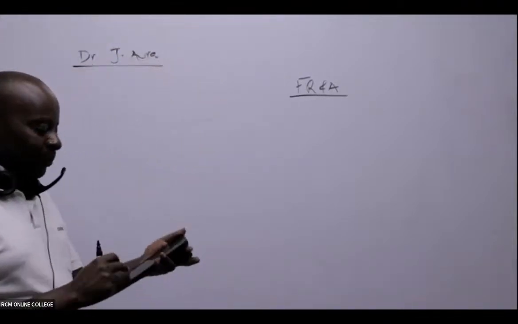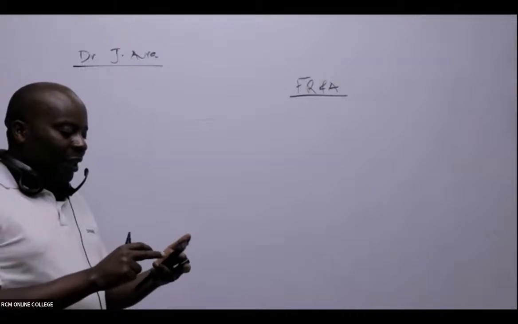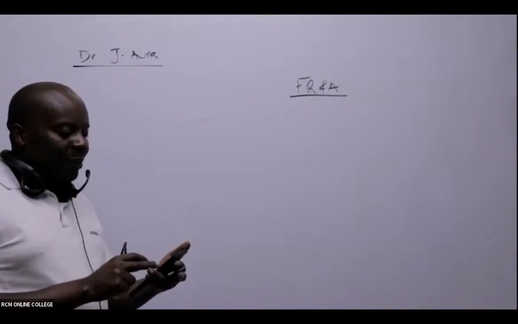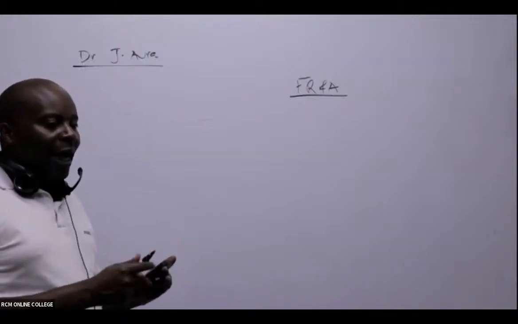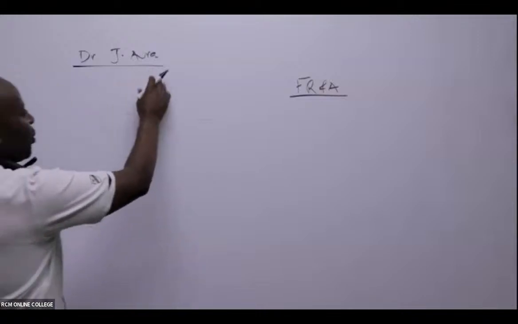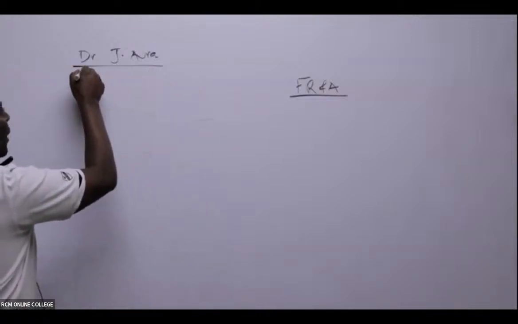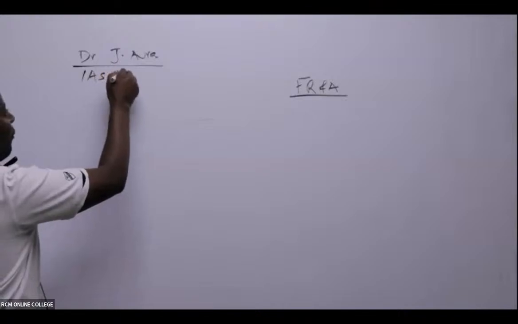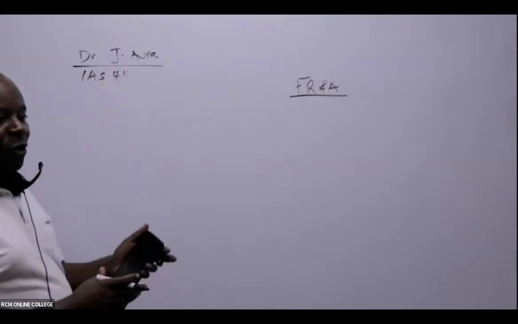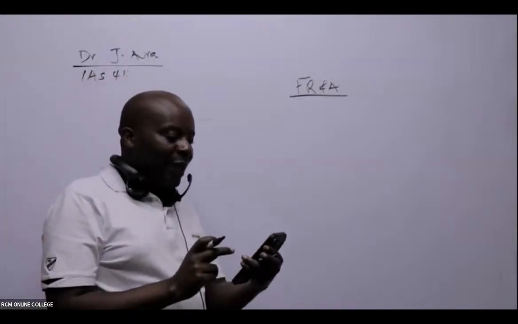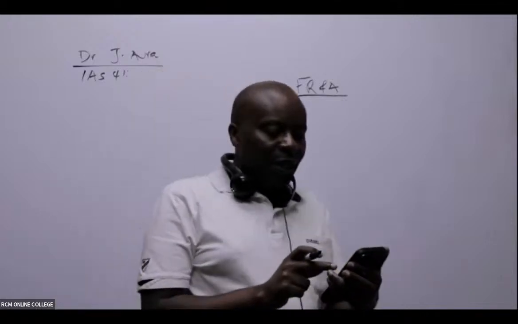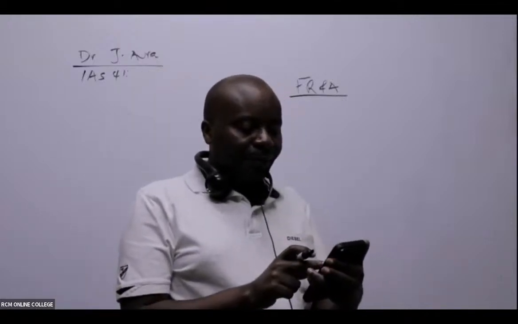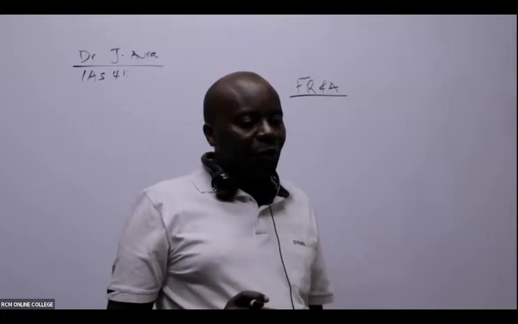Great. So today we are going through something very important here, IAS 41. Under financial reporting and analysis, we have here IAS 41. Is there anybody who has ever had something nice about this particular standard? IAS 41.